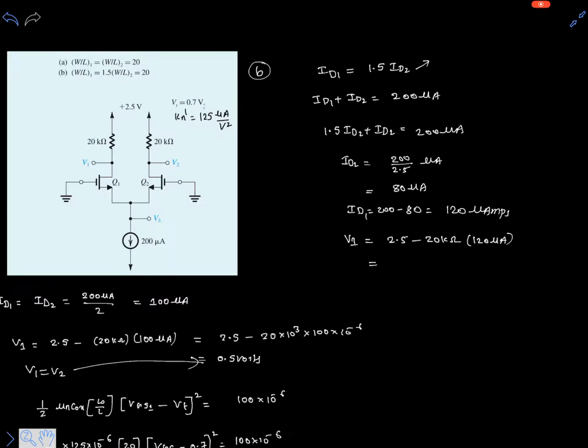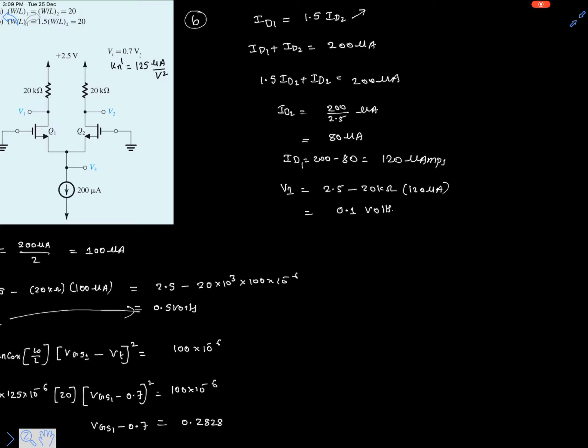So it is 0.1 volts. Similarly, we can write V2 as 2.5 minus 20 kilo ohm multiplied with 80 microamperes. Let's use a calculator for this also. So it is 0.9 volts.